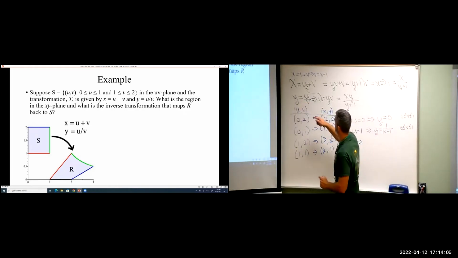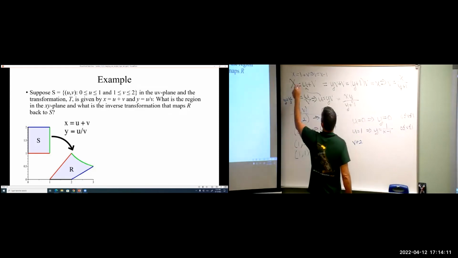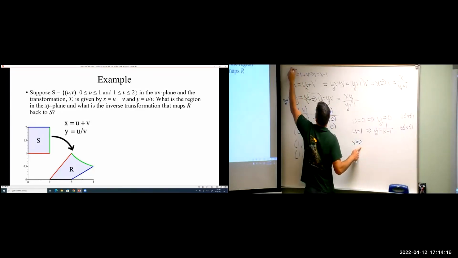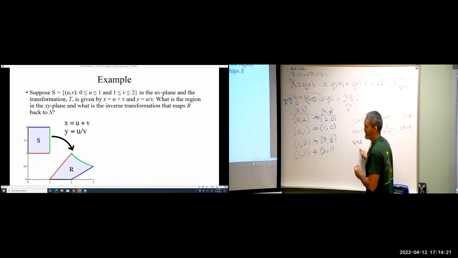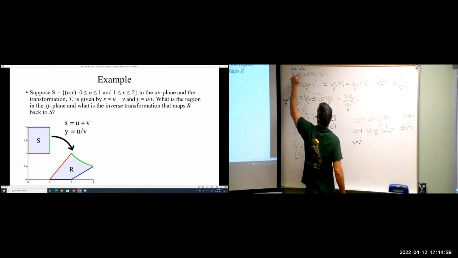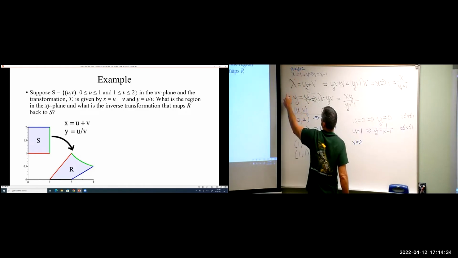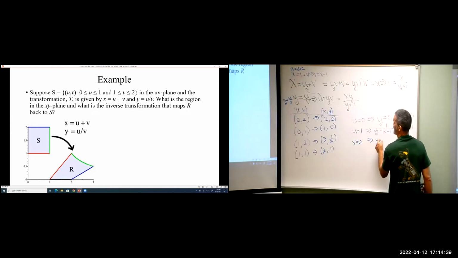We know that y is going to be u over 2, and we also know that x equals u plus 2. That's better. And once again, this is something we would solve for u and plug into here. So that's going to be y equals (x minus 2) over 2.